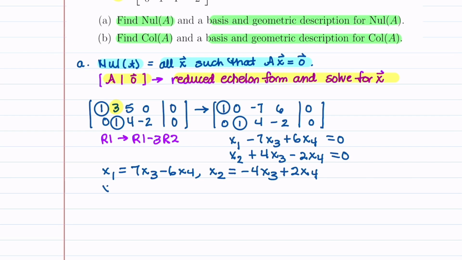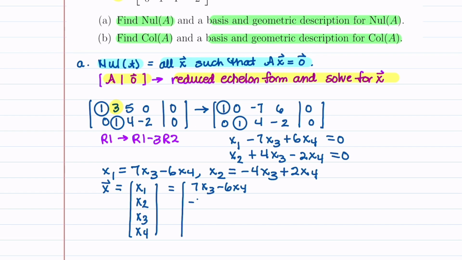So to do that, we're going to start with our vector x. We have 4 columns, so our x has 4 variables, x1, x2, x3, and x4. And then we're going to just plug in what we get. We found that x1 was 7x3 minus 6x4.